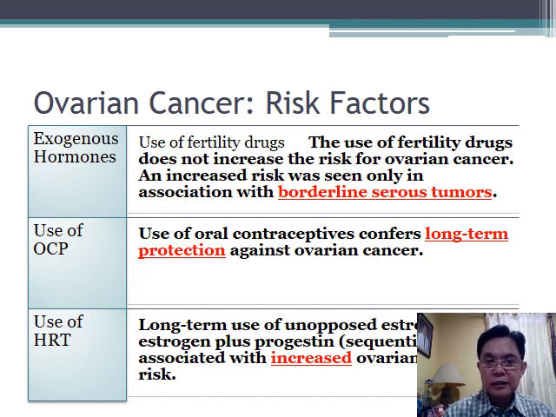This is related to what we mentioned previously about high gonadotrophin levels. OCPs, because they prevent ovulation, are protective. Use of oral contraceptive pills confers long-term protection against ovarian cancer, whereas long-term use of unopposed estrogen plus progestin is associated with increased risk of developing epithelial ovarian cancer.